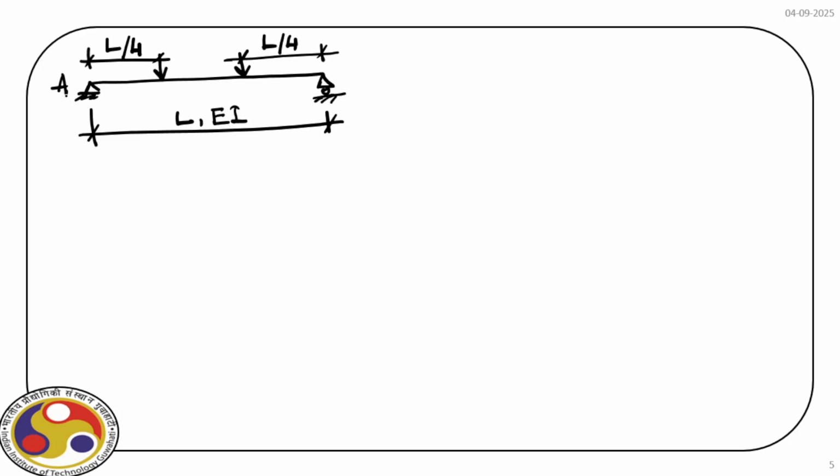Now, before we solve the deflected profile, let us first find out the reactions. So for that, first we apply equilibrium of forces along vertical direction, and that gives us RA plus RB is equal to the loads acting at the top. So it is P plus P, so we have 2P.